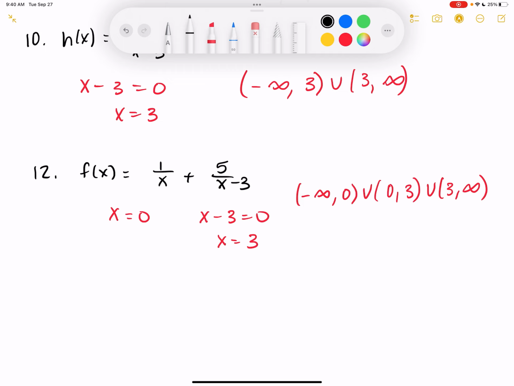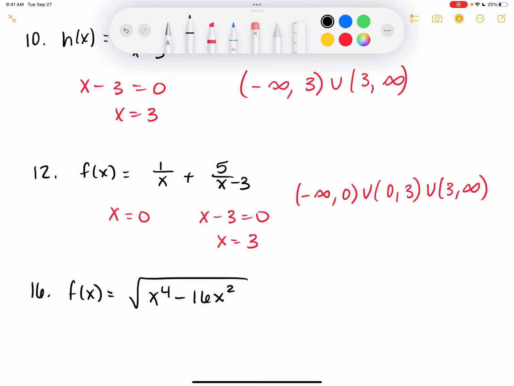All right, let's do another one, a little bit different. 16. F of x equals the square root of x to the fourth minus 16x squared. So what values can we not have in a radical? Can't have anything negative.